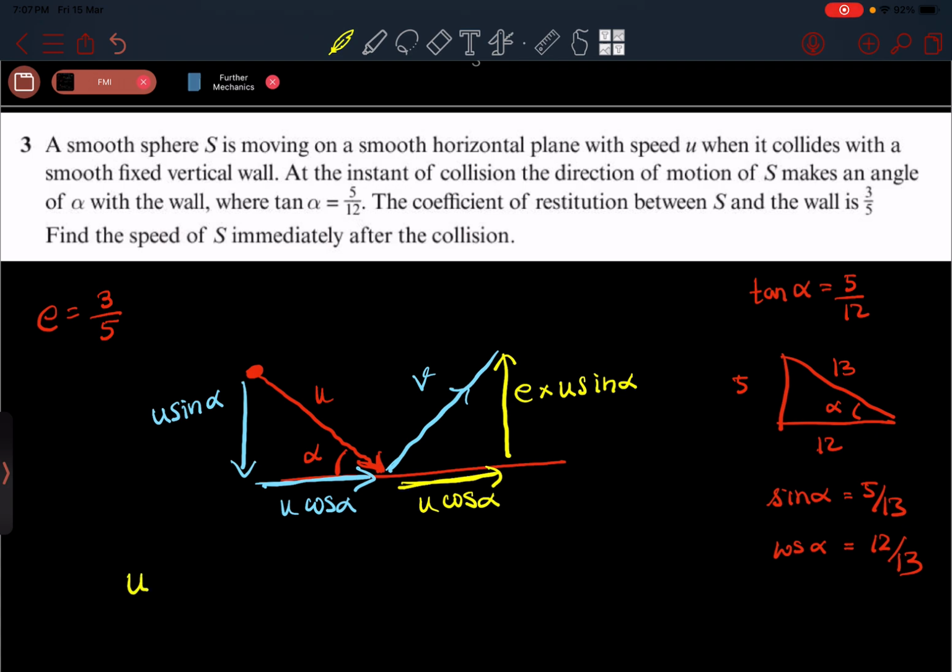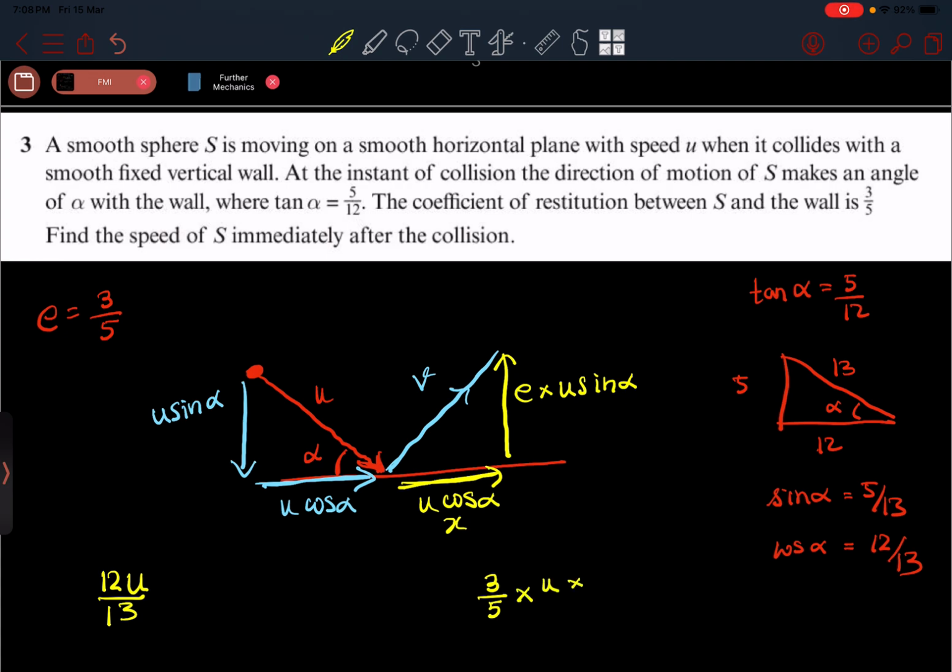U is u, cosine alpha is 12 over 13. So we know that my x component, or the parallel component, is 12 over 13 u. Now the vertical component, or my y component, that would be 3 over 5 times u sine alpha.